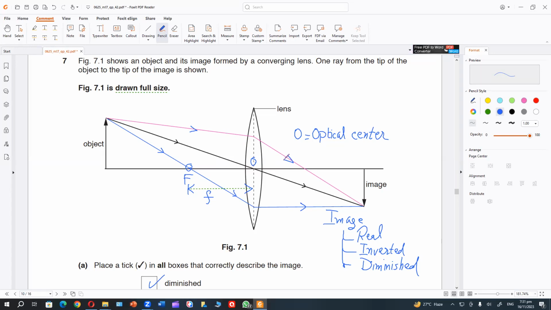You can make any ray, but make sure that it should not be parallel with the axis so that it should not pass through the focus.